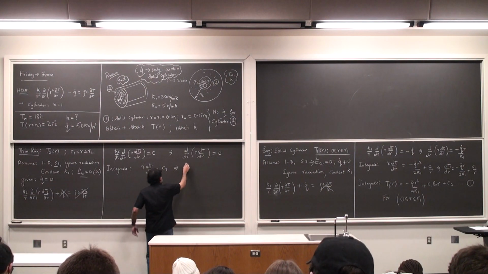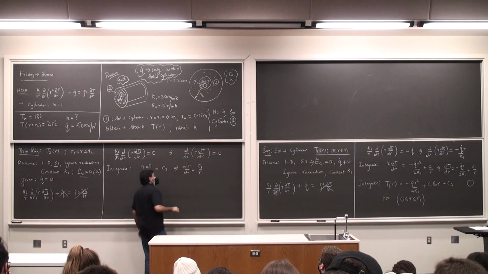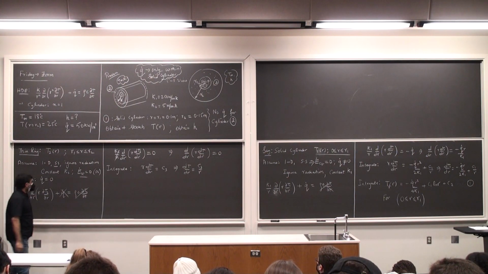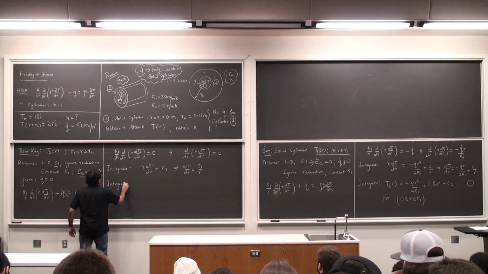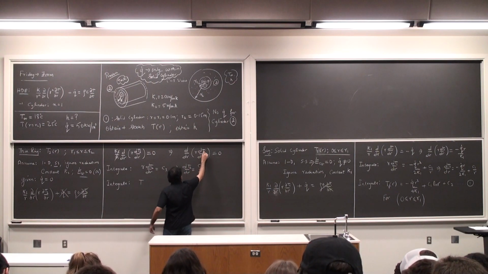So dT by dr is C3 by r, cross multiply, integrate one more time. This is all T2, apologies.